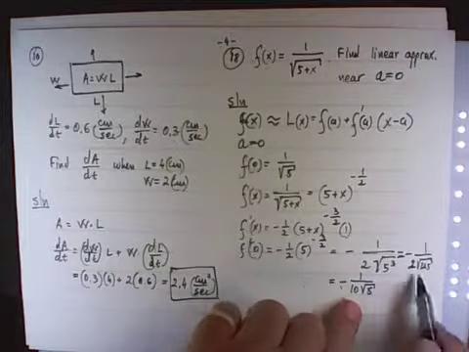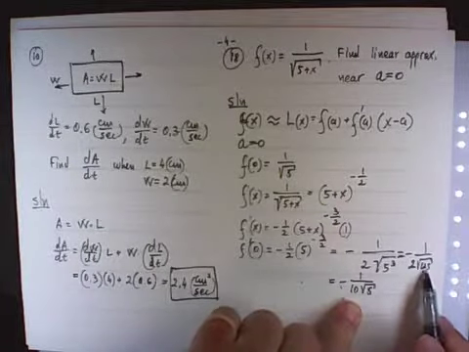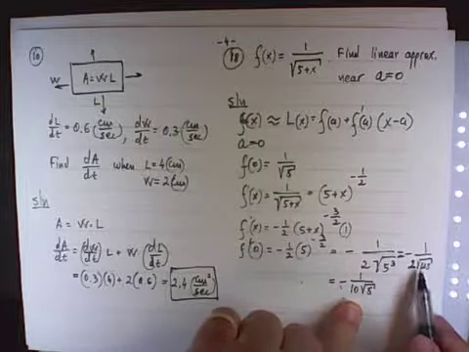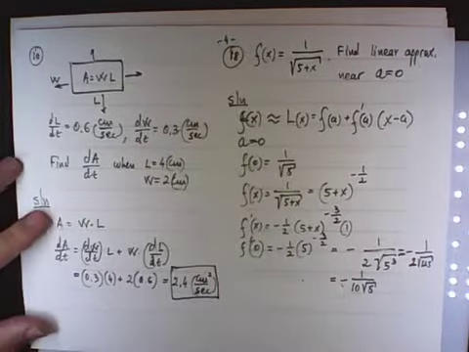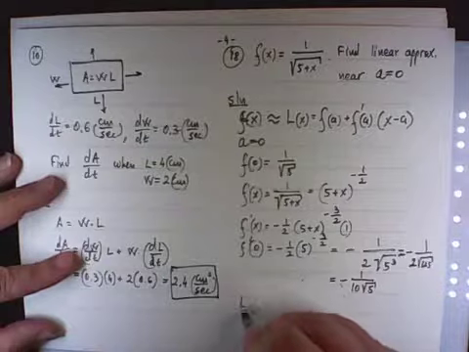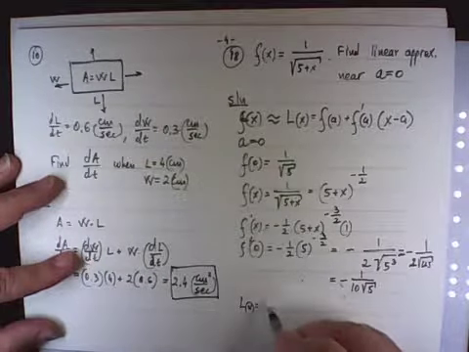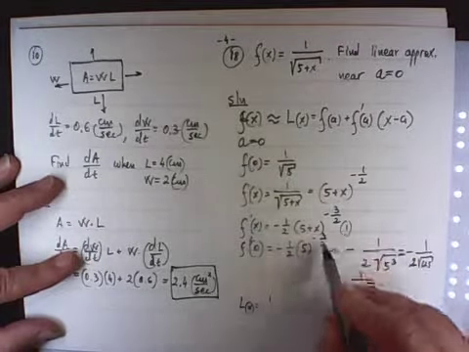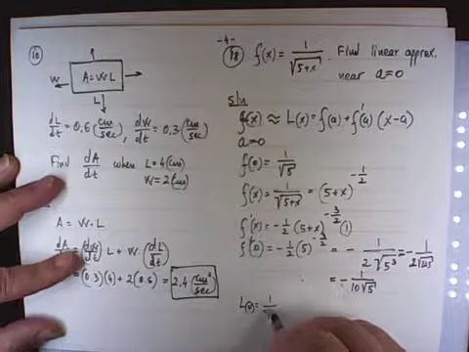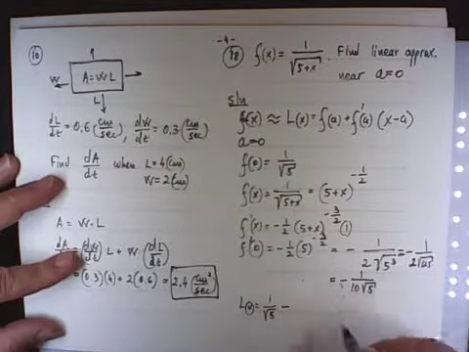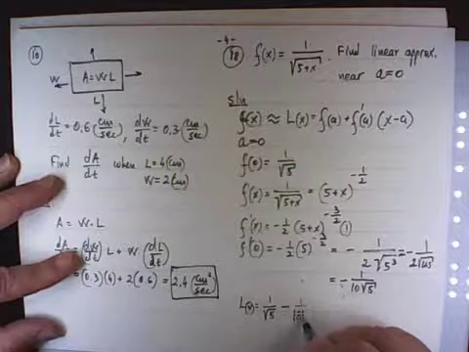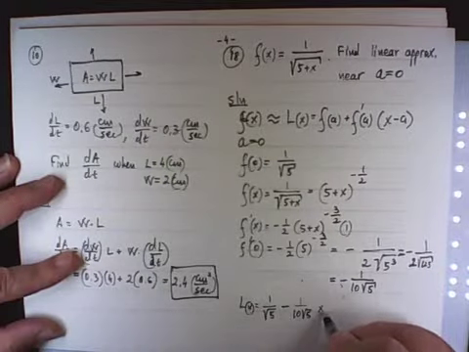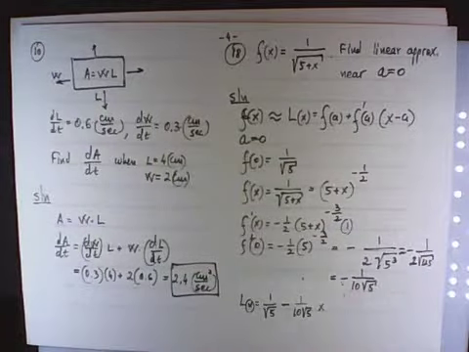Again, 125 is 25 times 5, the square root of 25 is 5, and 5 times 2 is 10. And now we're going to write L of x equals 1 over f of 0, which is 1 over square root of 5, minus 1 over 10 square root of 5 times x minus 0.